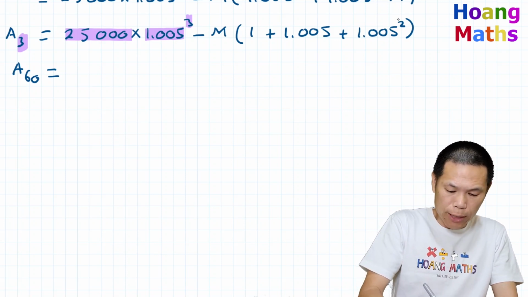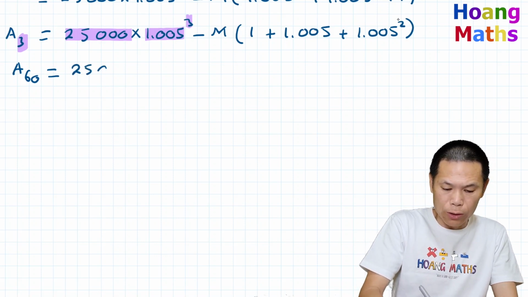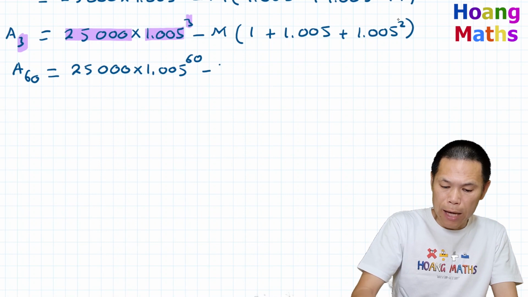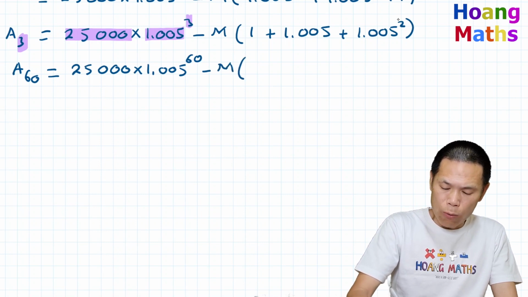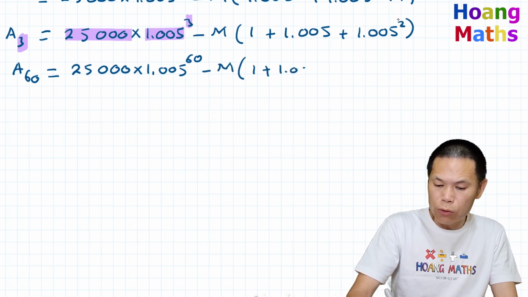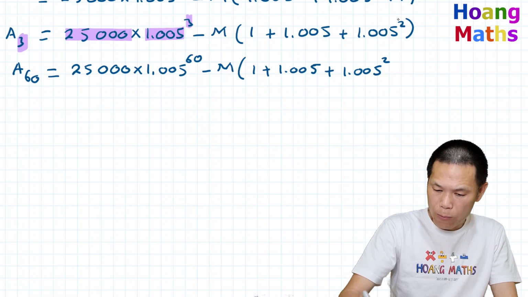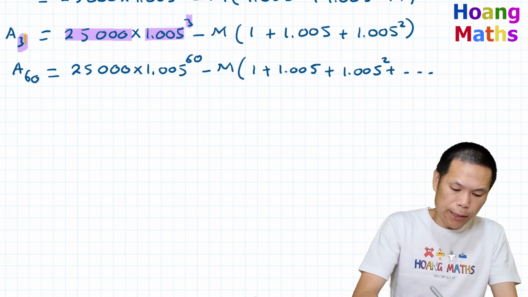So let me just write this down. It is a pattern, that's all. So it becomes 1.005 power 60 minus M, and then 1 plus 1.005 plus 1.005 squared, we add, and this is A3.